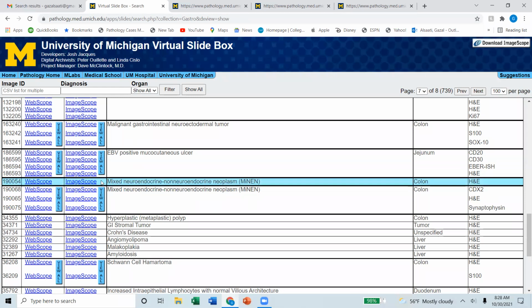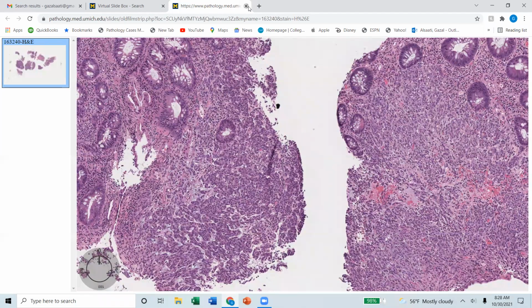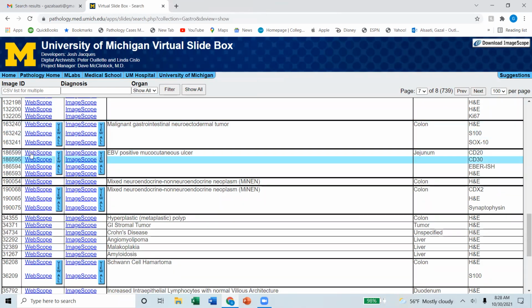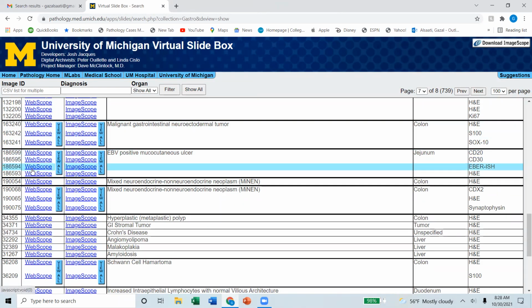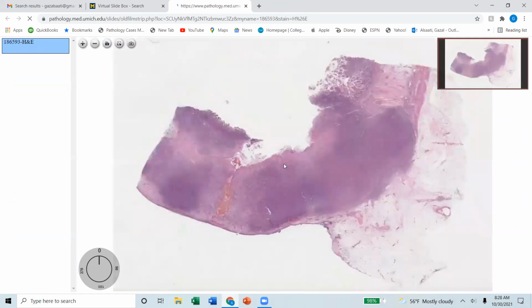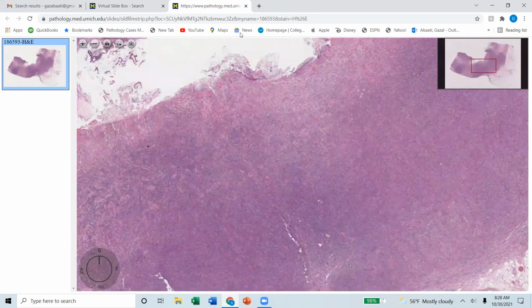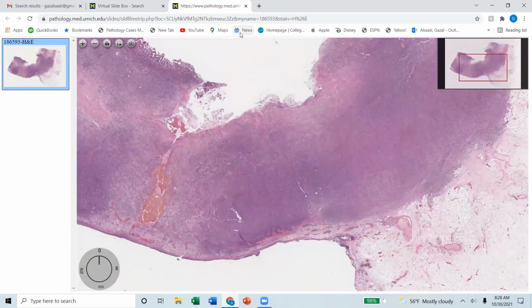Okay, EBV positive mucocutaneous ulcer. That's also one of the skin hematolymphoid diagnoses. So I'll do the H&E first and see how it looks. This is a resection specimen.